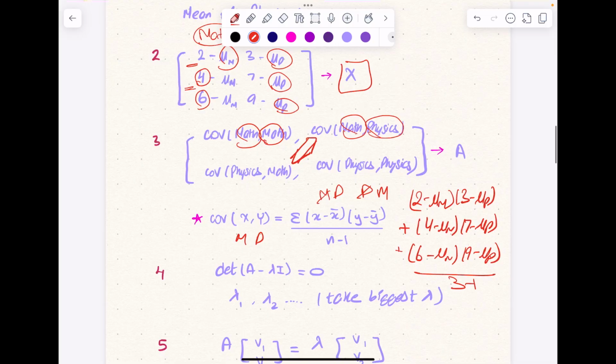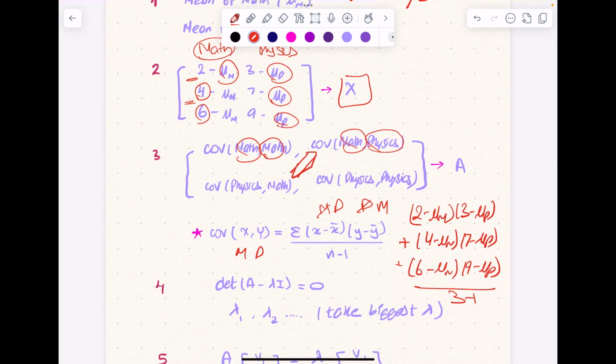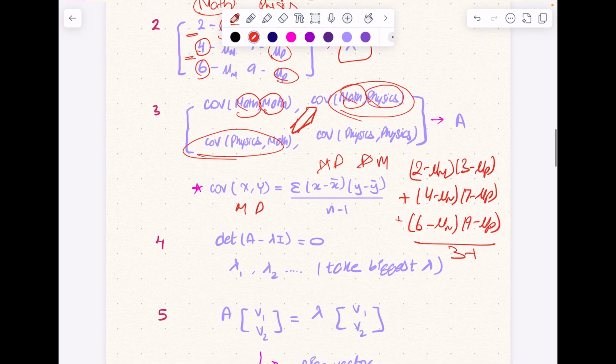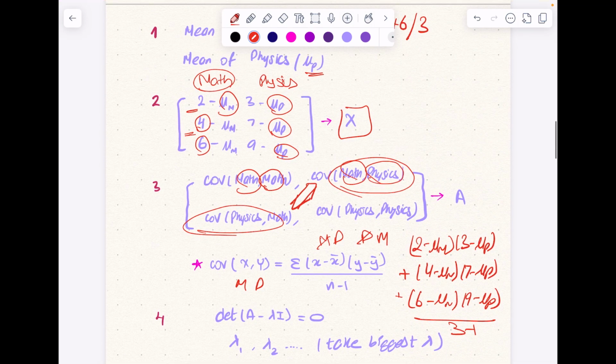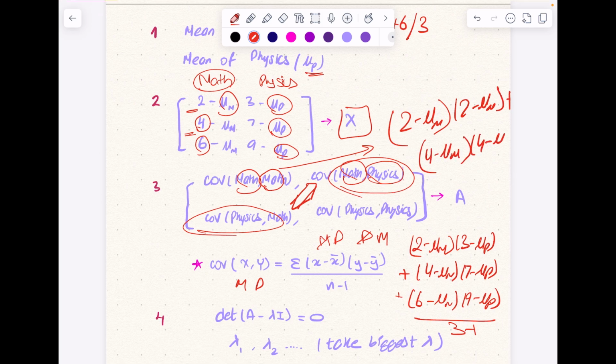Very simplistic example, but this is how you would find the covariance for math and physics or physics and math. If you were to do it for math and math, it would be math with respect to itself, so 2 minus mu m times 2 minus mu m, plus 4 minus mu m times 4 minus mu m, and so on.